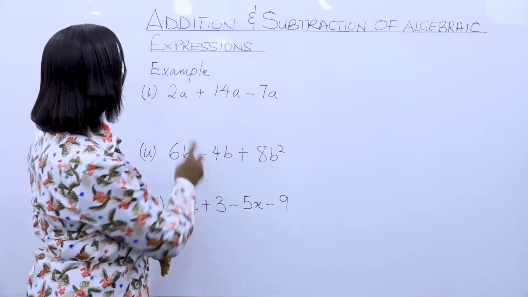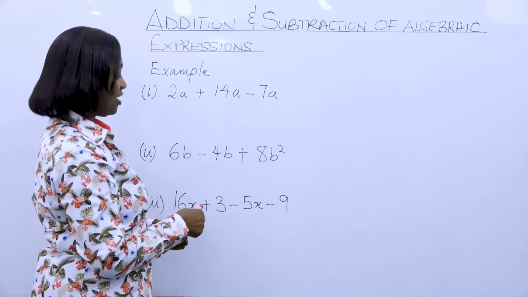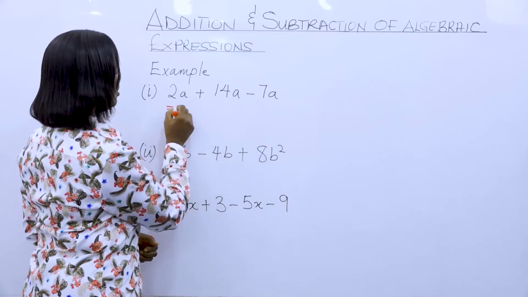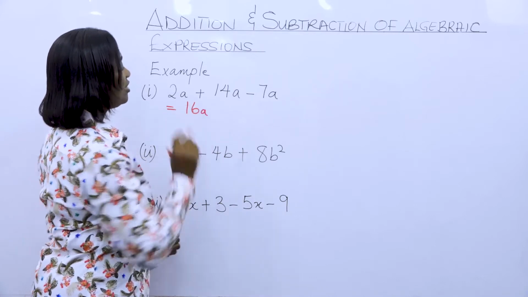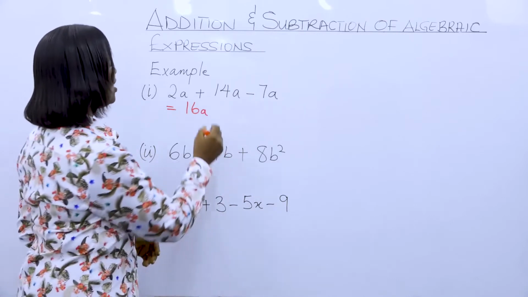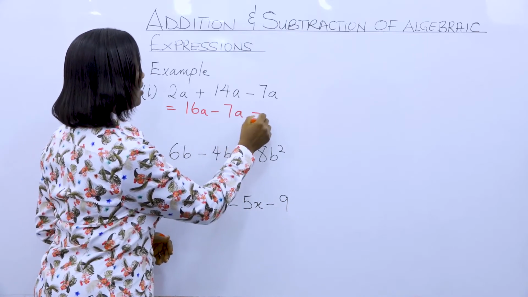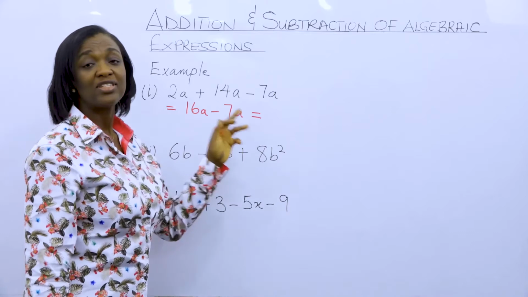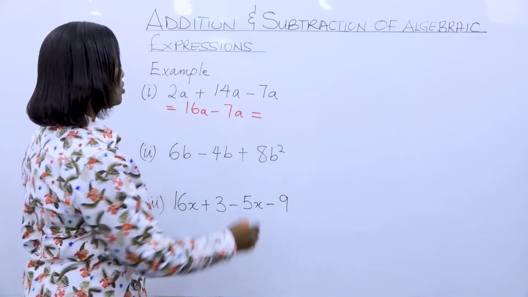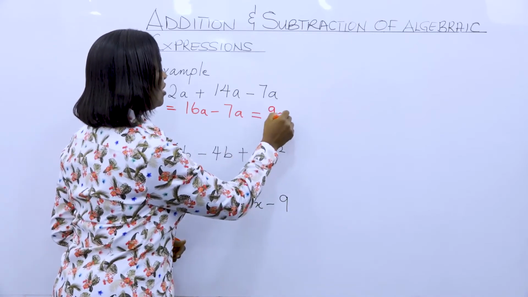So here, 2a plus 14a will be equal to 16a. So the next step will be 16a, take away 7a. And 16a minus 7a is equal to 9a.